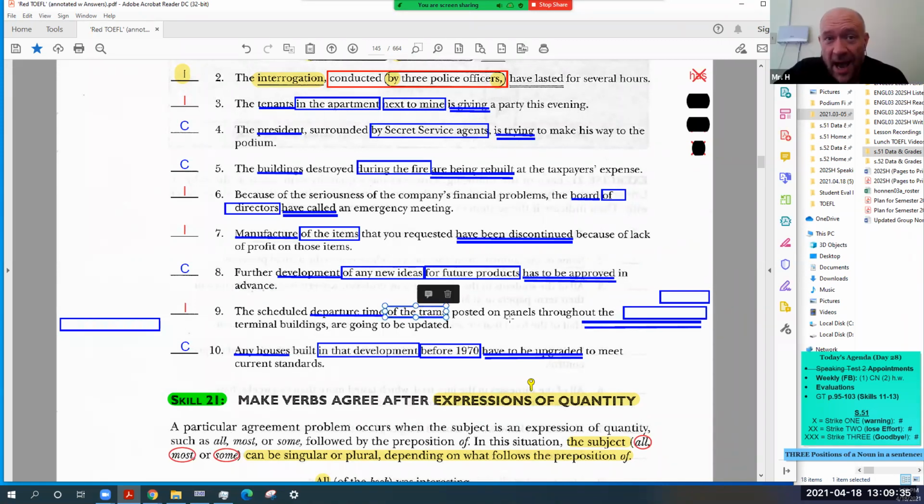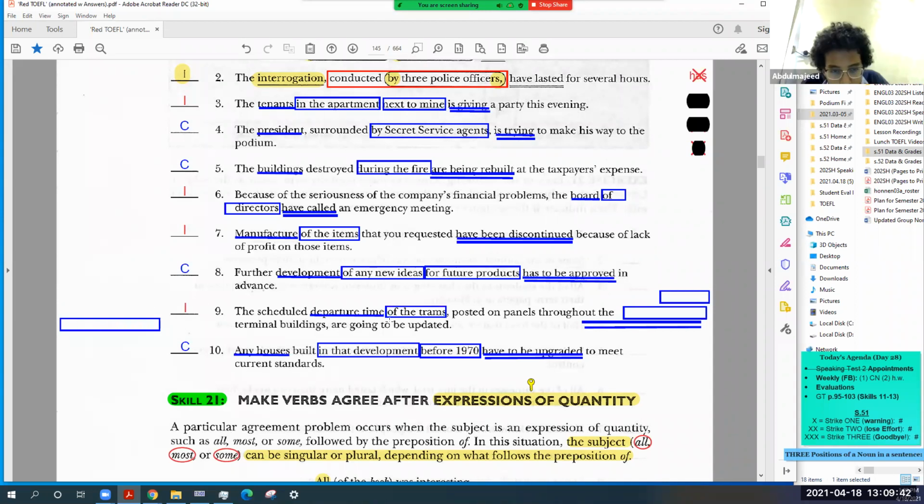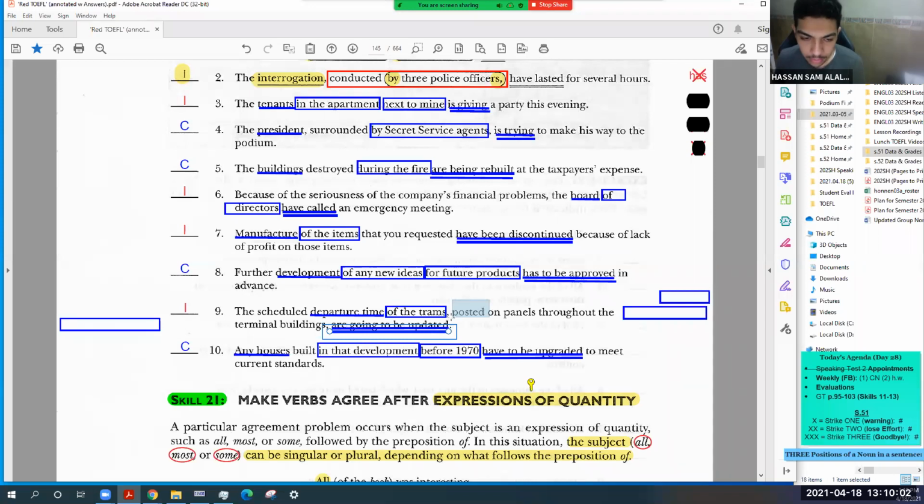Now, can you find the verb here, Abdul Majid? Are going to. Now, what is posted? Is it a verb? It's an adjective, or a reduced adjective clause.